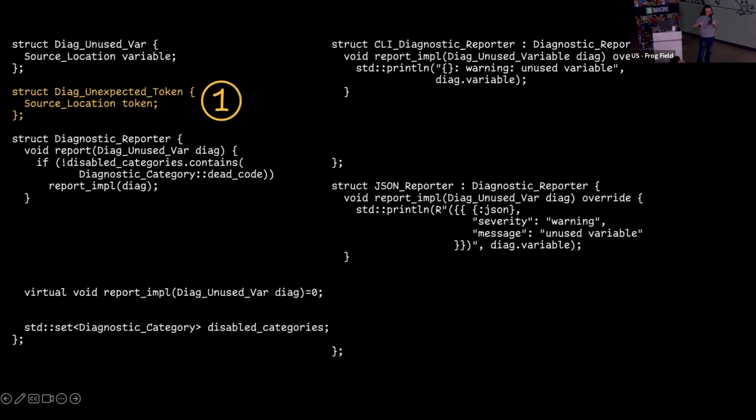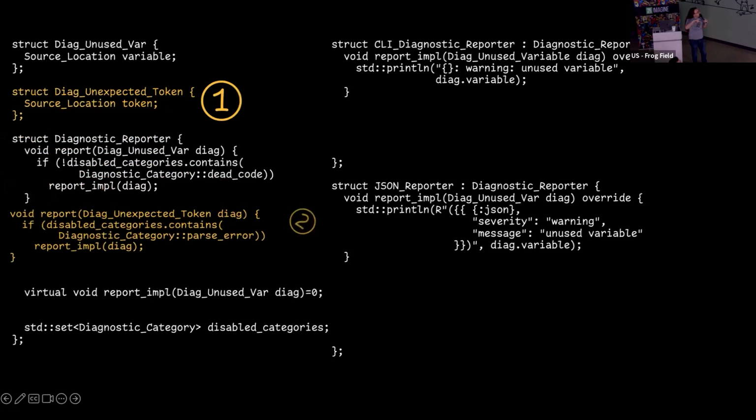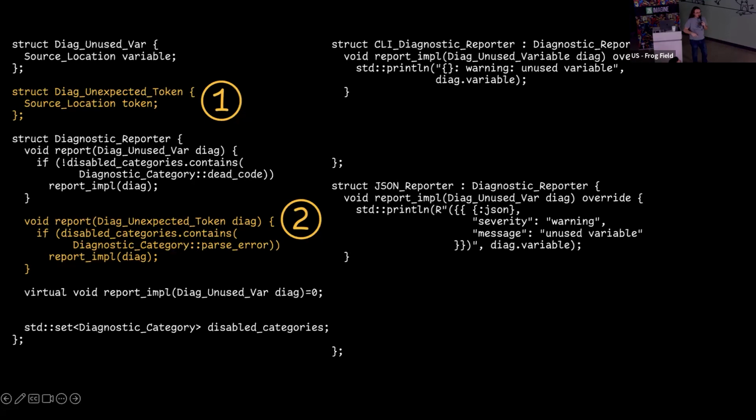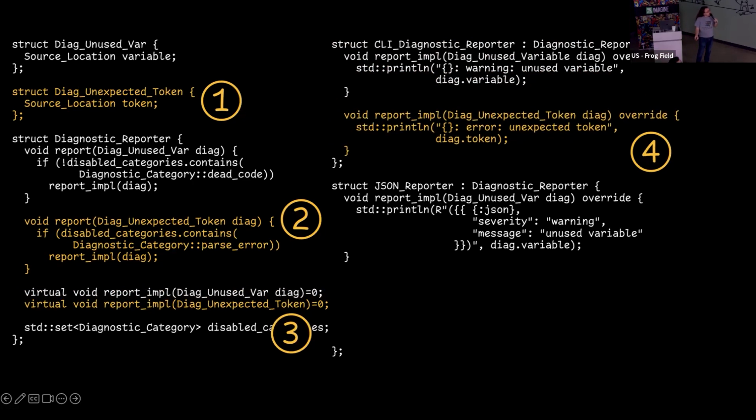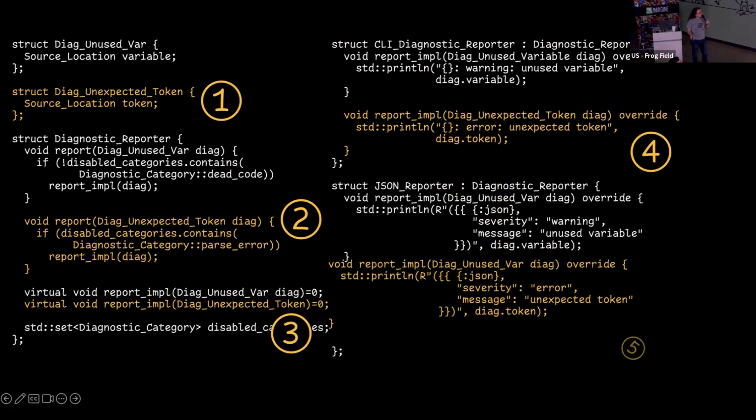One, we have to make the diagnostic type to store the information about that diagnostic. We have to make a method in the diagnostic reporter base class to do the filtering based on the disabled categories. We have to make the pure virtual function. We have to make an implementation in the CLI diagnostic reporter and also an implementation in the JSON diagnostic reporter.